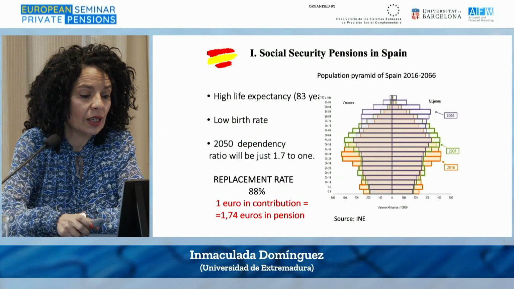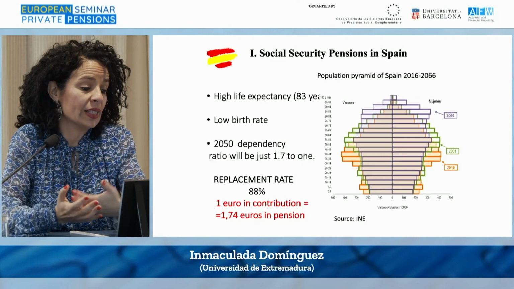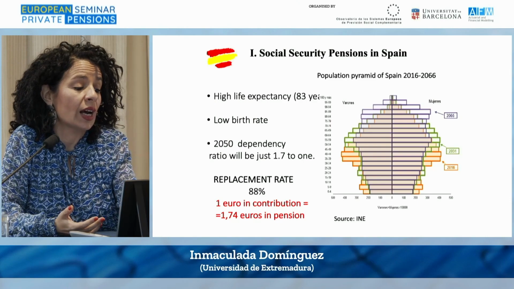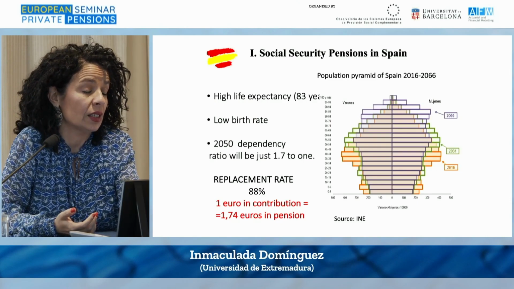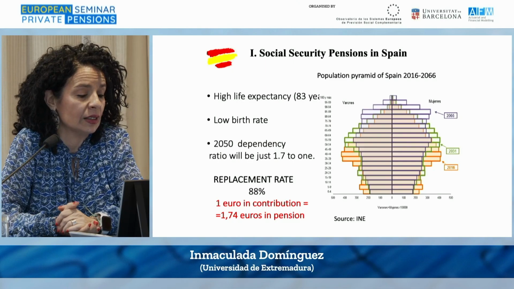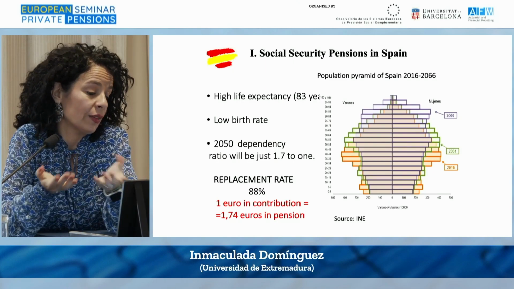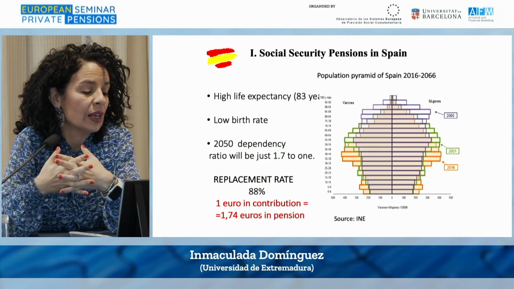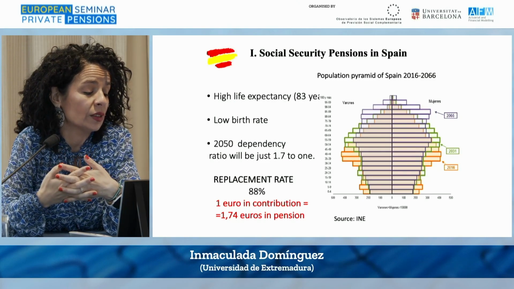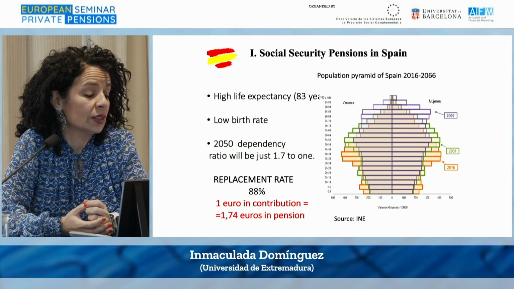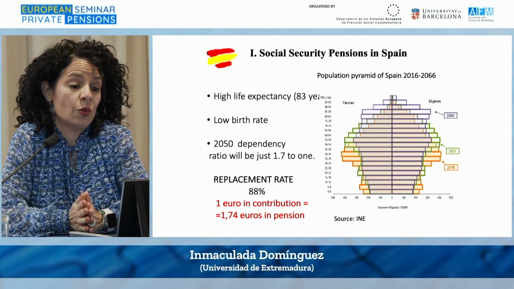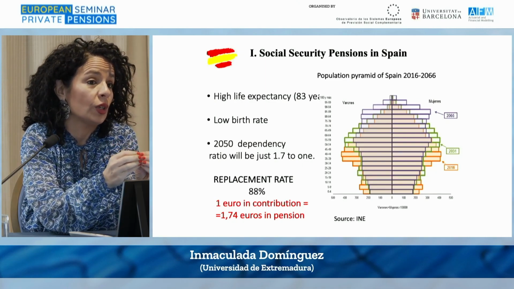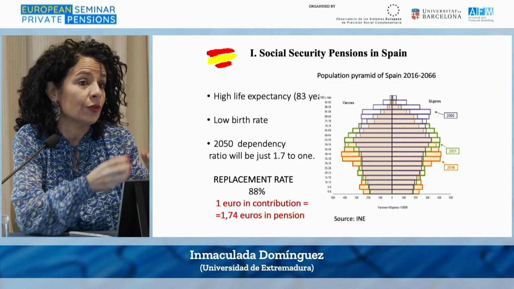If we analyze the population, this is mainly because we have a high life expectancy, around 3 years. We have, like in another country, a similar low birth rate, and the problem is that our dependency ratio is 1.021, because if we have a problem with the contributory system, with the solvency, with the relation between what you pay to the system and what you receive, we have a problem.